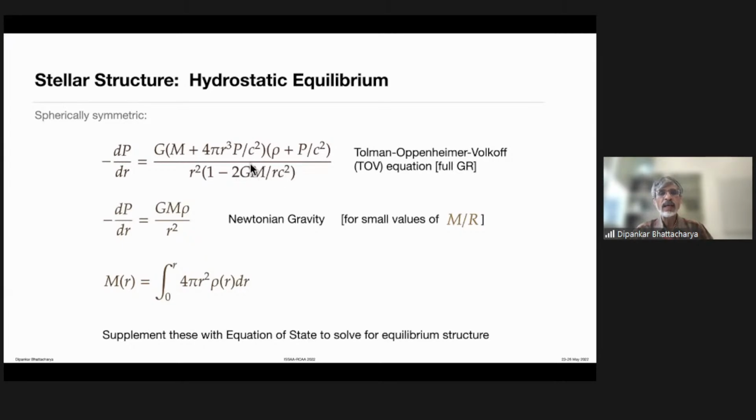And in that regime, typically we can ignore these as well. And then we are back to Newtonian gravity, which is an adequate description for stars like the Sun, as well as these large main sequence stars that we're talking about. But when you go to compact objects like white dwarfs and neutron stars, then you need to use this full general relativistic equation, which goes by the name Tolman-Oppenheimer-Volkoff equation.